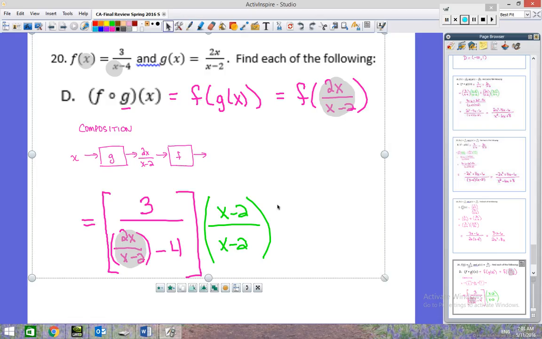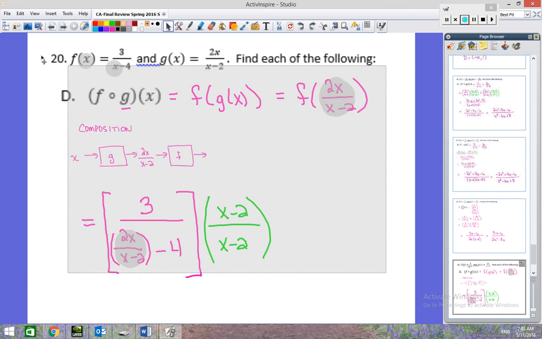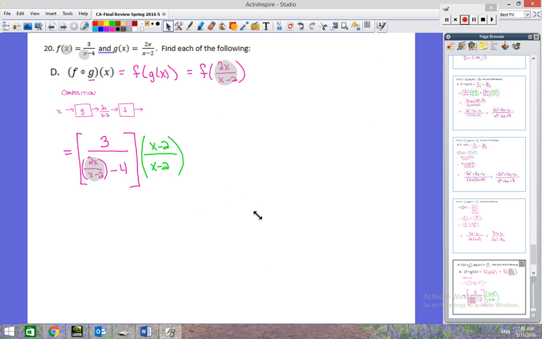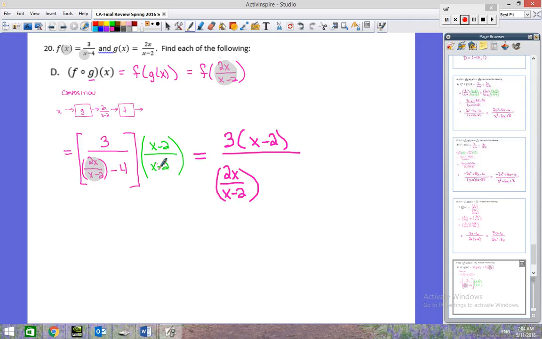Now, how am I going to multiply these two fractions together? Well, we made the comment before that multiplication of fractions is not all that difficult. You multiply straight across the numerator. So we're going to have 3 times this x minus 2. It's easy to see that that's going to be 3x minus 6. Now, in the denominator it is a little more difficult. This first term, 2x over x minus 2, I need to take this x minus 2 and distribute it.